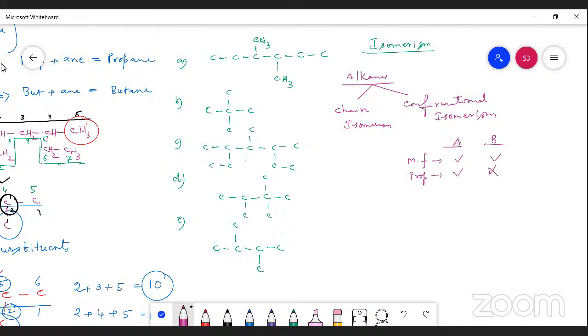Then that pair of compounds we call isomers. So what are isomers? The pair of compounds having the same molecular formula but showing different properties. And the difference in properties may be because of their structure, or maybe because of their orientation.